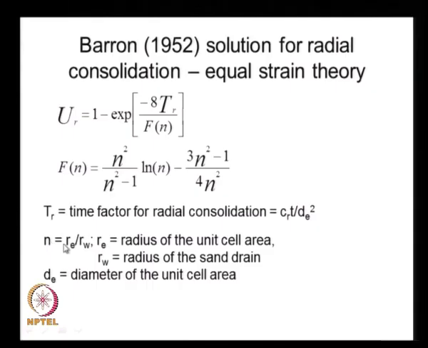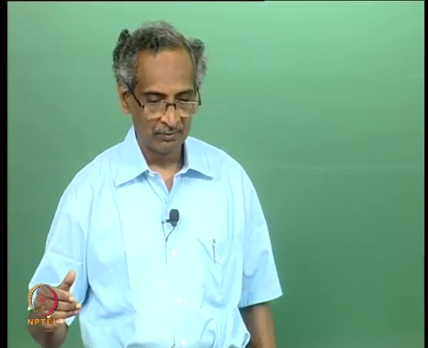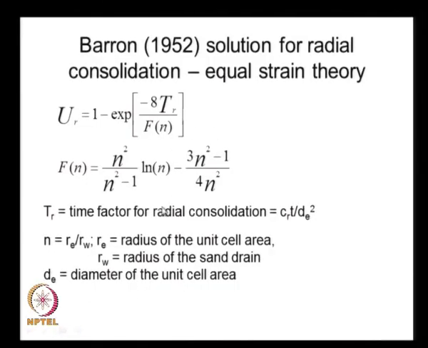Our n is re by rw, where re is the radius of the unit cell area. We assume in all these analyses that each sand column influences a certain area of soil all around, and that area is converted into an equivalent circle, and this re is the radius of that unit cell area influenced by each of the sand columns, and that depends on the pattern of installation.